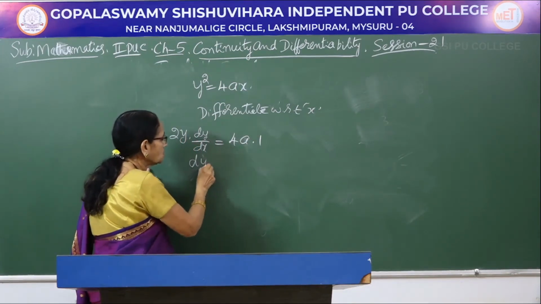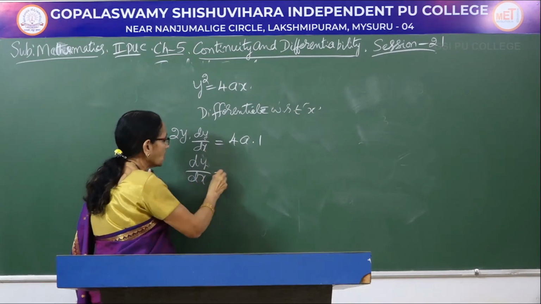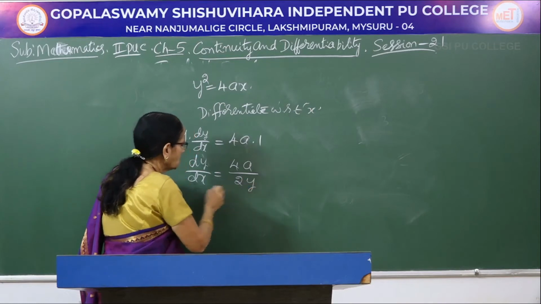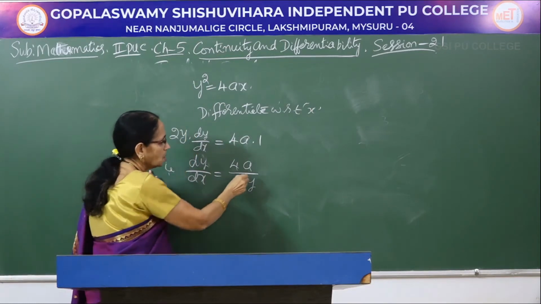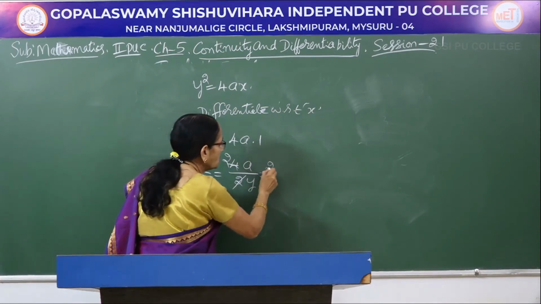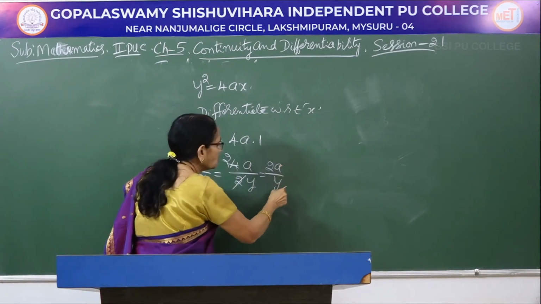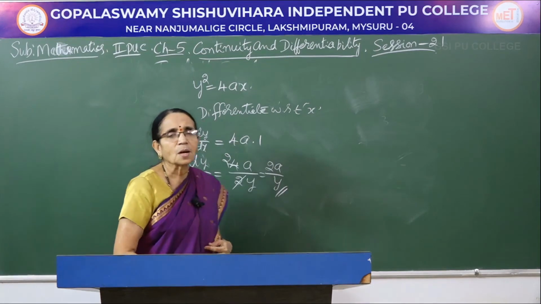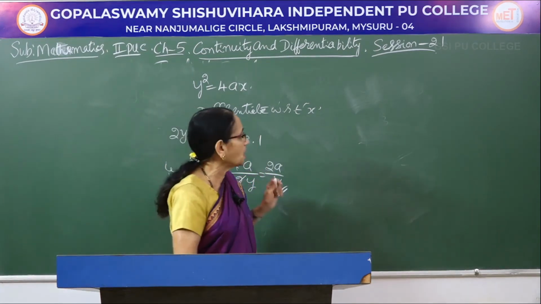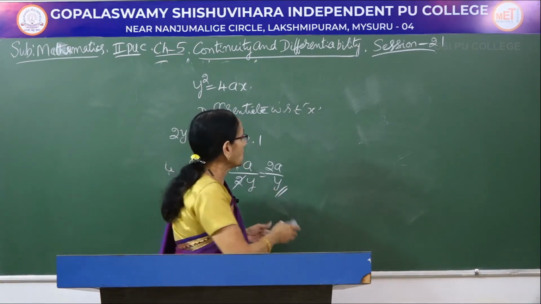That is, shifting that 2y to the right hand side, we have 4a divided by 2y. You can do the cancellation, 2 2s are 4. Finally, we have that it is 2a by y. That is the derivative of this particular function with respect to x is 2a by y.